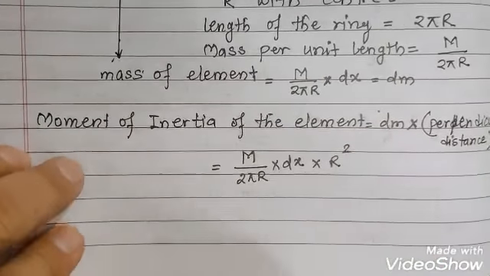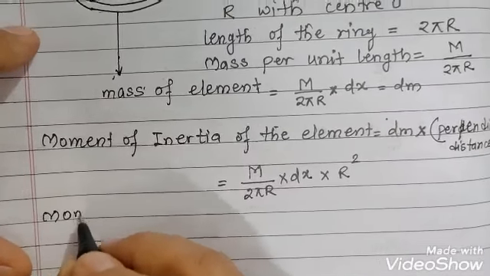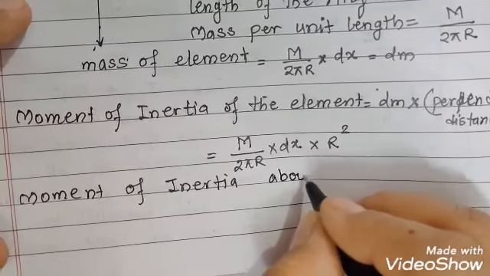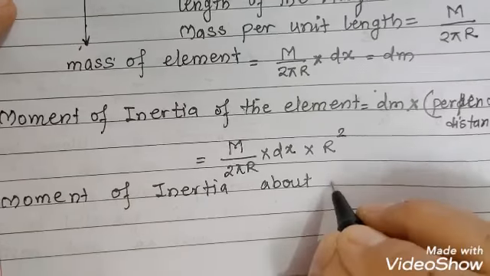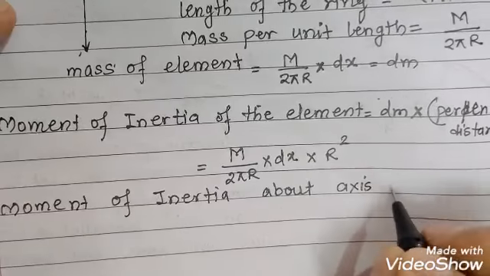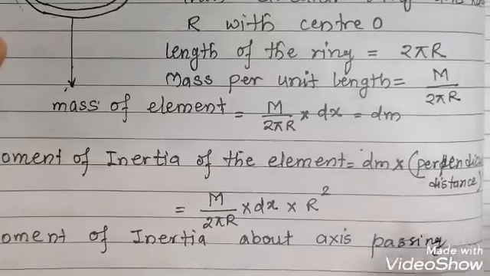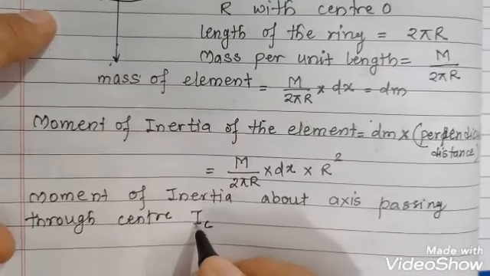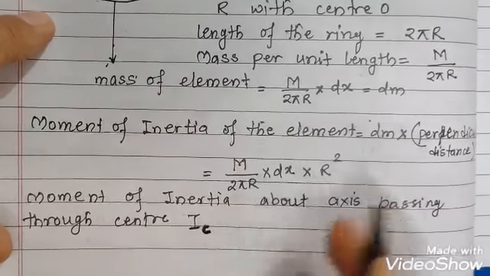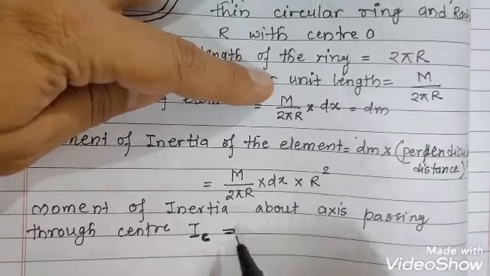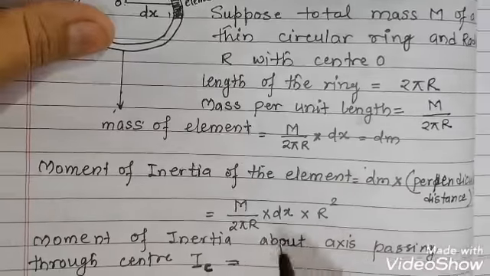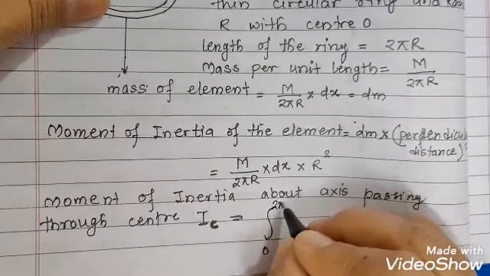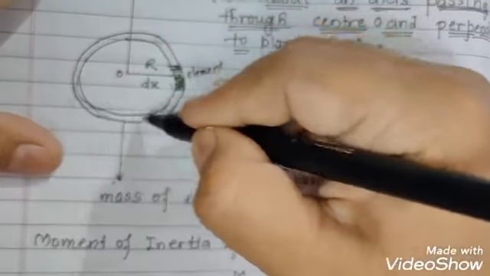Now if we have to take out the moment of inertia about the axis passing through the center, which I am indicating as IC, that will be calculated by integrating the moment of inertia of the element from 0 to 2 pi r, that means for the whole length of the ring.